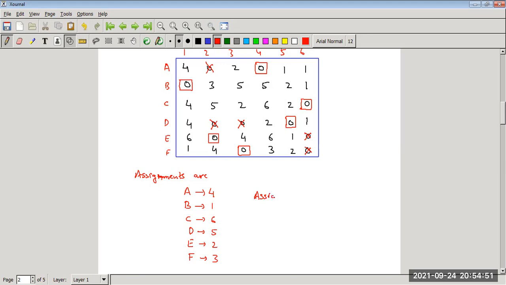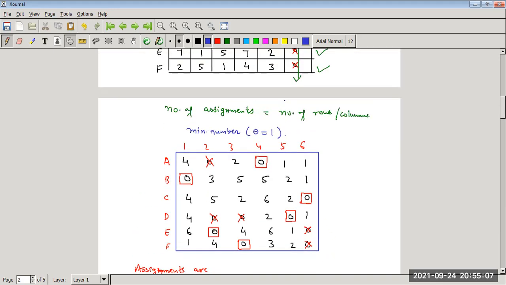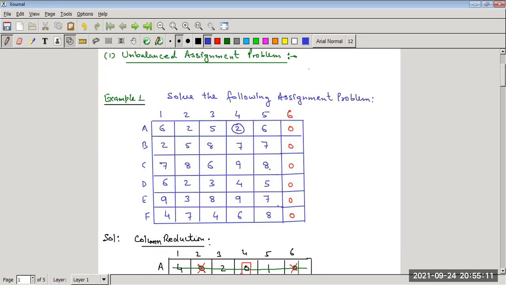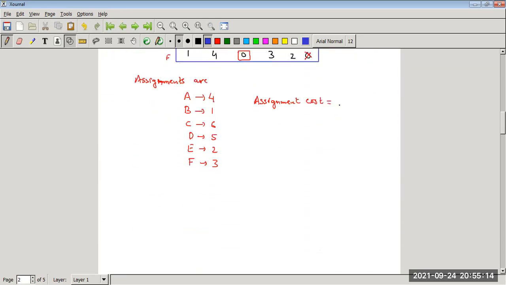Now the assignment cost. Now we come to the question: what is the cost assigned by A for the fourth job? It is 2. So we write 2. B assigned for the first is again 2. C for the sixth, because 6 is a dummy, so we put 0.